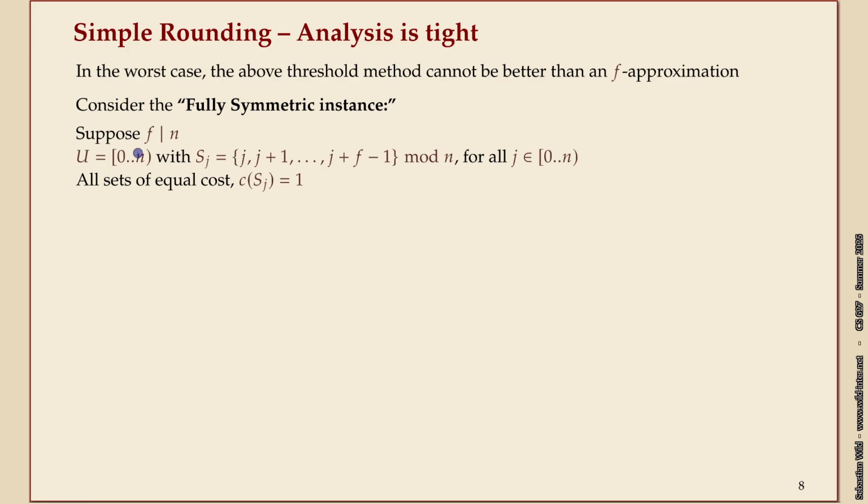Then you have the universe of these n elements, and you pick these specific sets, and you have n sets as well, so the same number of elements and sets. Every set is just, you shift around a circle. You take a certain fragment, and then the next set takes one more element, and you shift that along. And by controlling the size, you can control in how many sets each element is contained.